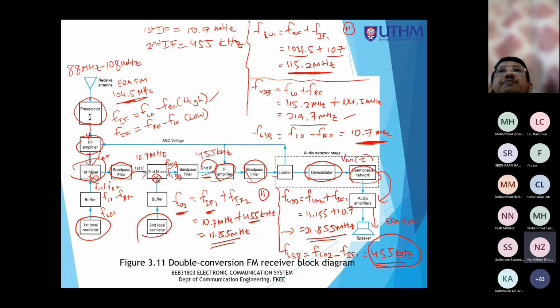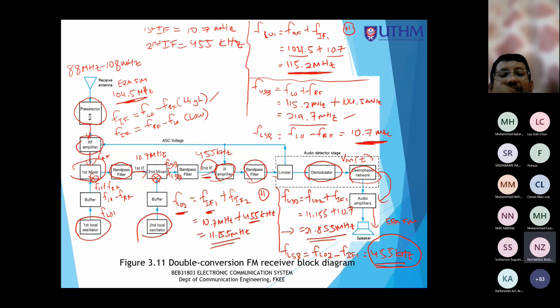So, I'm not sure whether we have asked this question, but we have asked something like this example, where the student needs to know about the high side injection and low side injection. High side injection means that the local oscillator frequency is higher than the input.